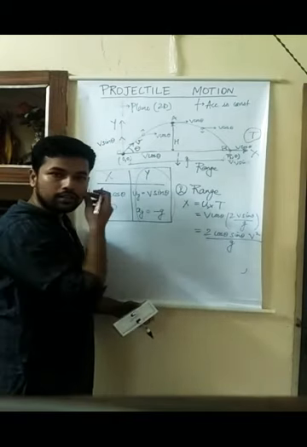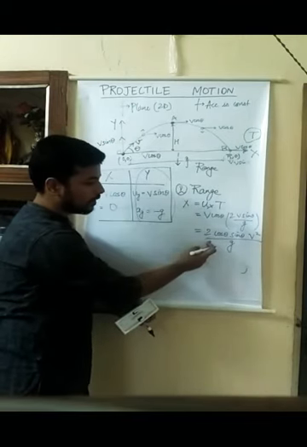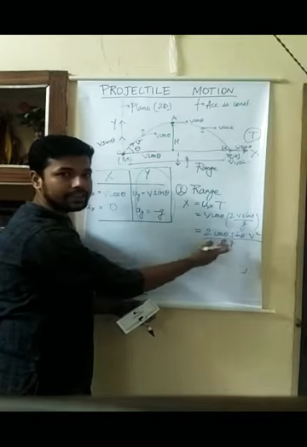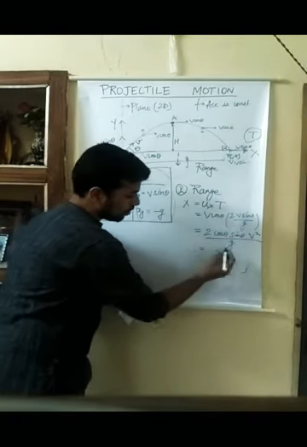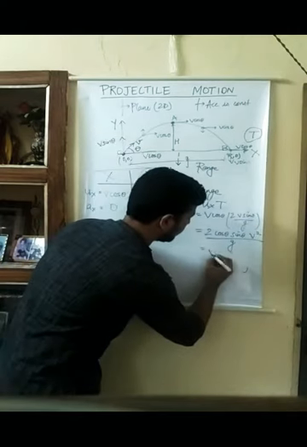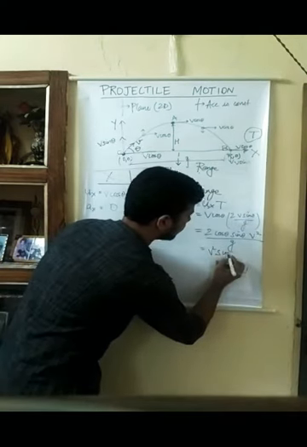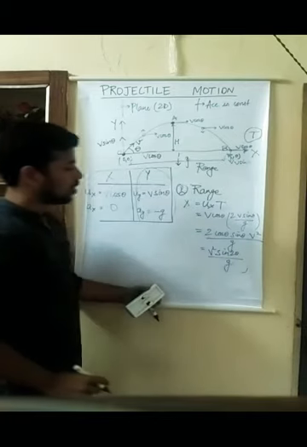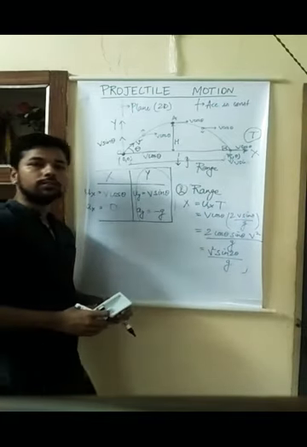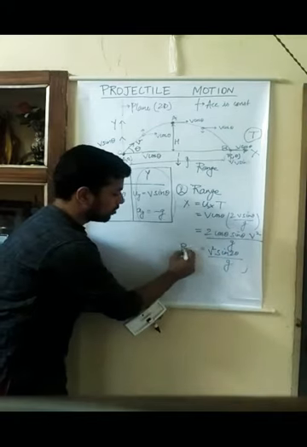As you'll see from here, we can write 2 cos theta sin theta as sin 2 theta. So, simplifying further, we get v square sin 2 theta by g. So this is our range.